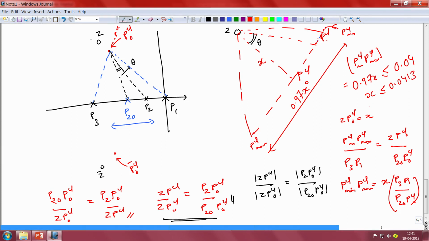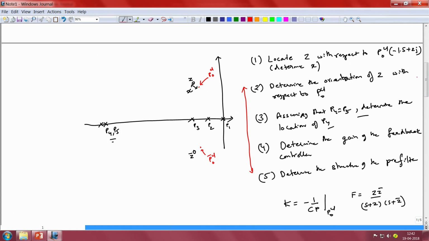So, this equation essentially tells us at what distance we have to position the zero in order for us to restrict the variation of the closed loop pole to within 0.04 units. It tells us in particular that it has to be located within a distance of 0.0413 units from the point PCL naught. So, this completes the first step in our design.